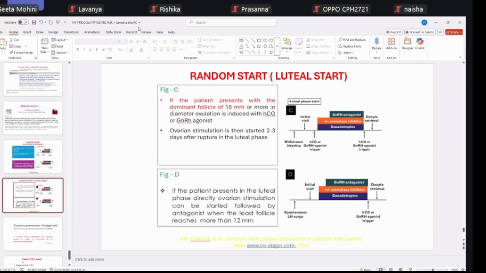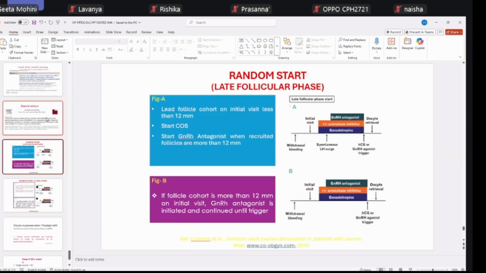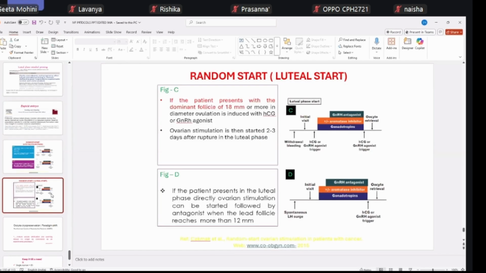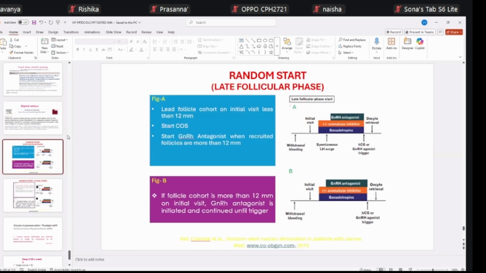You can learn those two protocols well, and later on, according to the patient, you can try other different protocols. If you don't have any doubts, we can wind up the class.